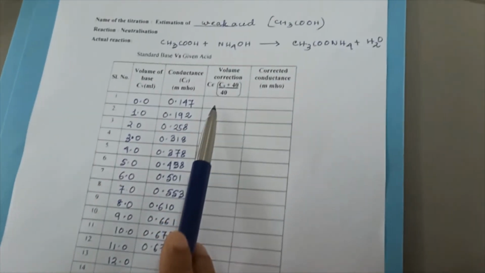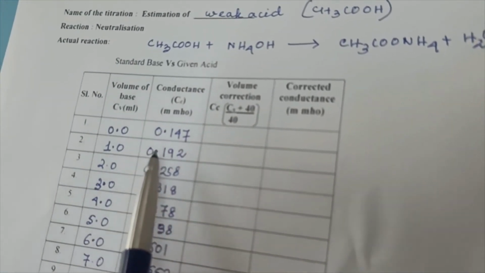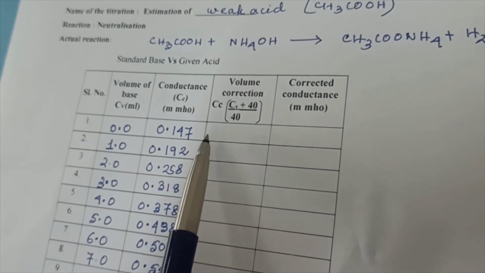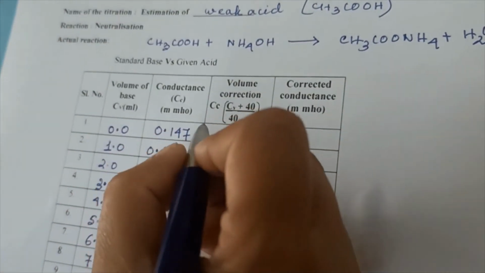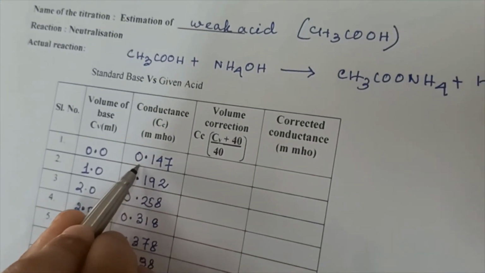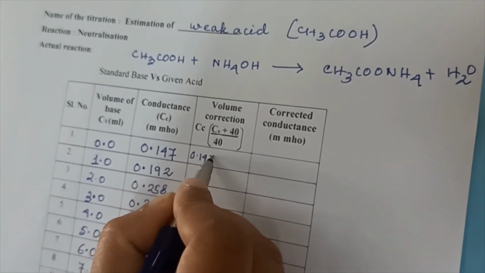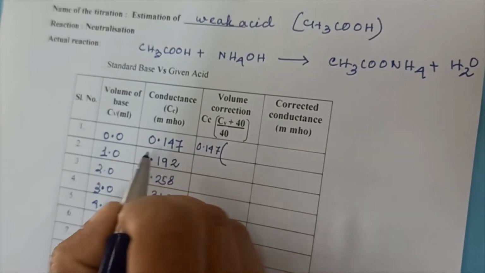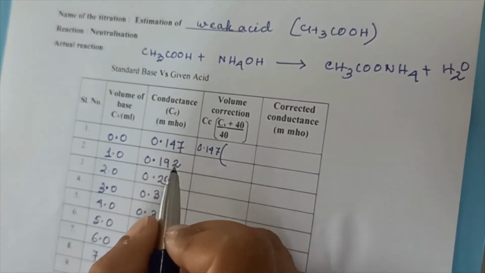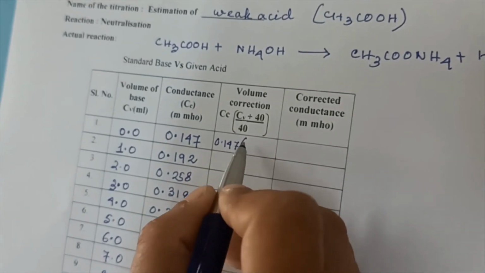Now here you have to do the volume correction also, because the conductance is so less. So what we will do is, Cc is this conductance 0.147. So we will write that into (Cv plus V) by V, where Cv is the volume of the base added.